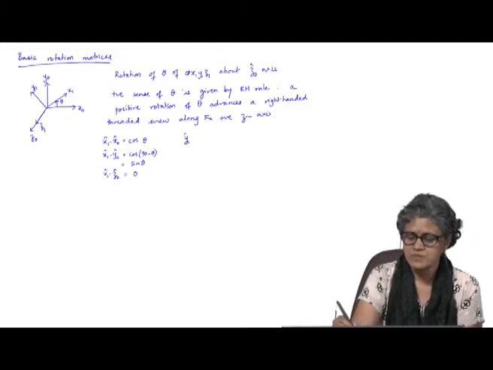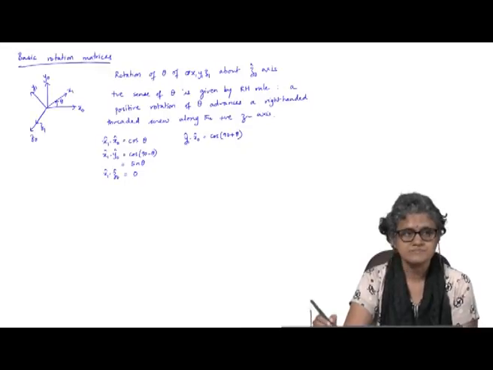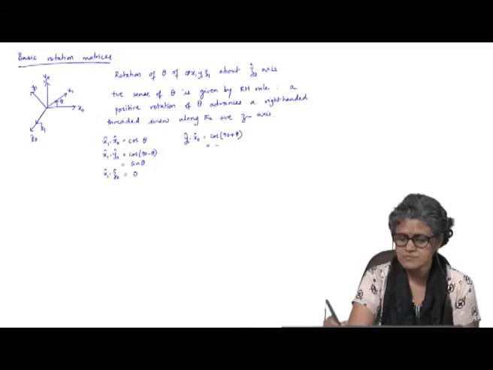Similarly, y1 dot x0, what is y1 dot x0? Cos of 90 plus theta. Okay, minus sin theta.